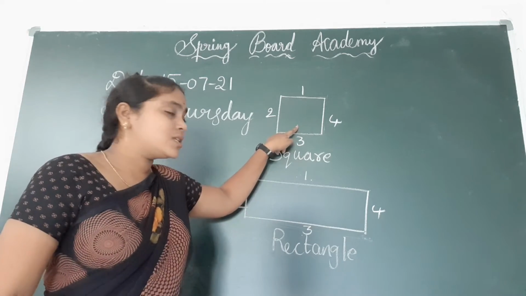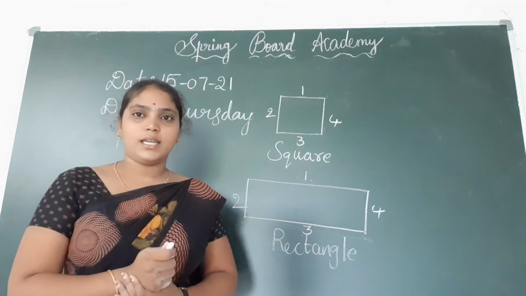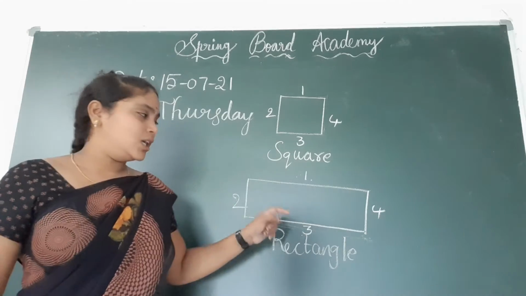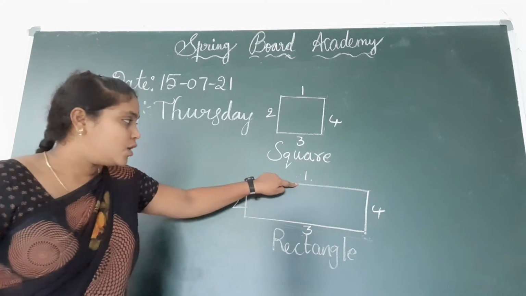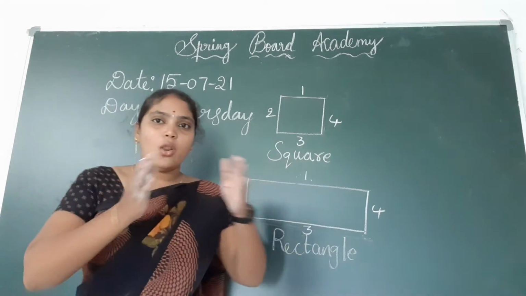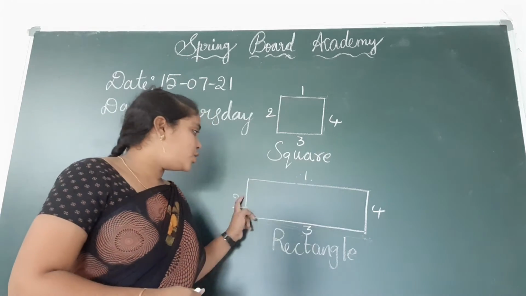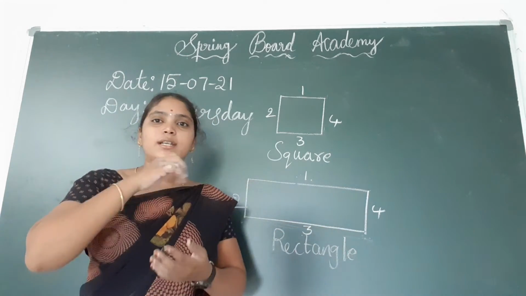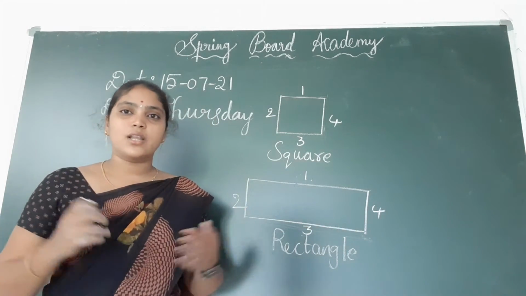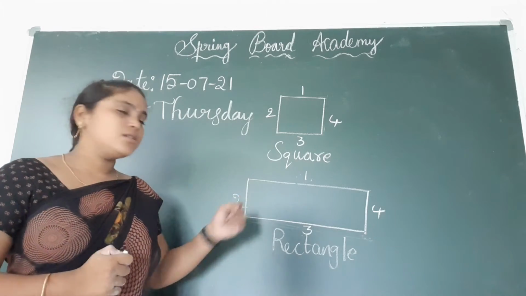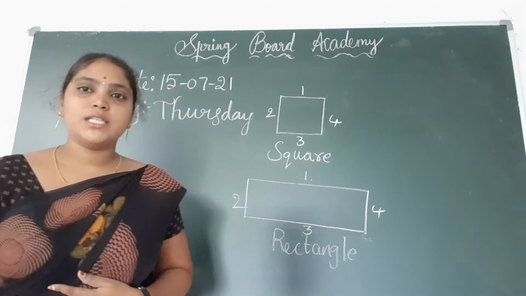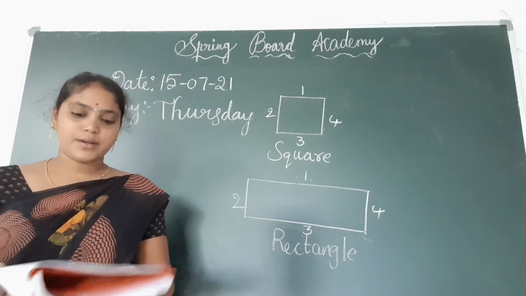But in a square, all 4 sides are equal, while in a rectangle, 2 sides are longer and equal and 2 sides are shorter and equal. Two sides long and two sides short. This is the difference between a rectangle and a square.